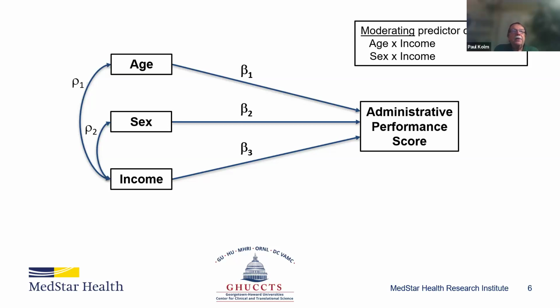When we have a diagram like this, where we have the bidirectional arrows, we're indicating a correlation, and we are saying that there now is an interaction, or that age and sex are moderating variables in predicting outcome.